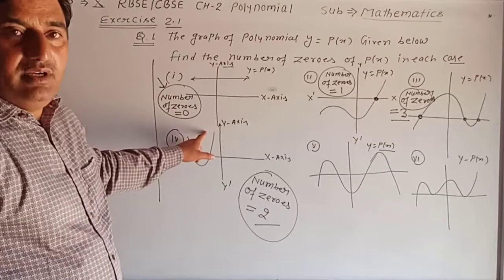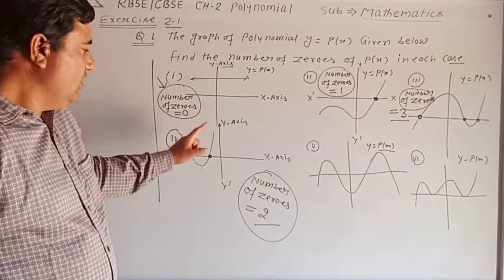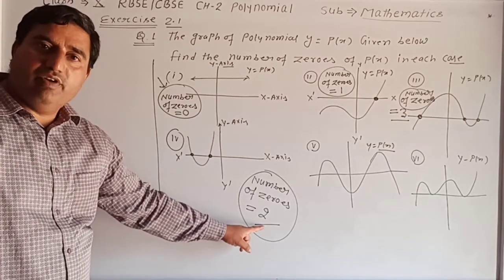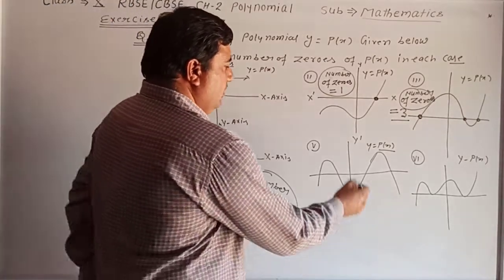This graph intersects the x-axis 2 times, then the number of zeros equals 2.